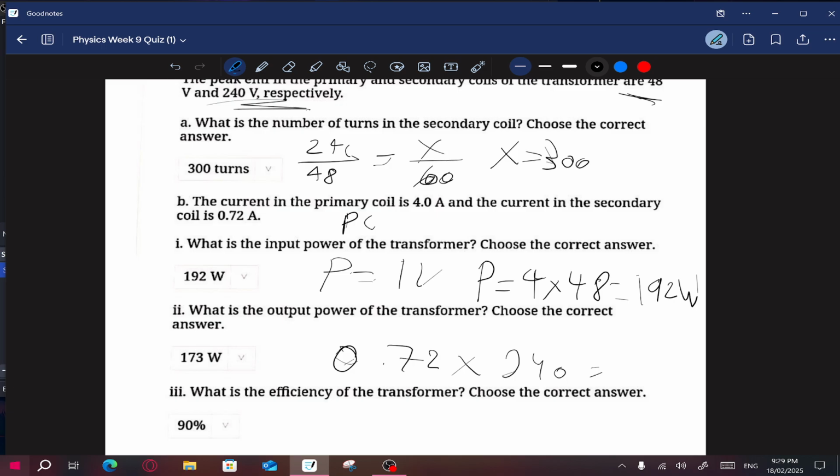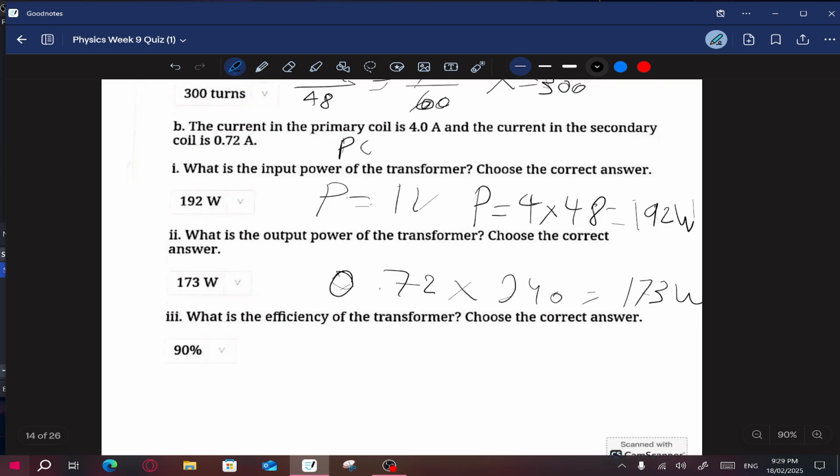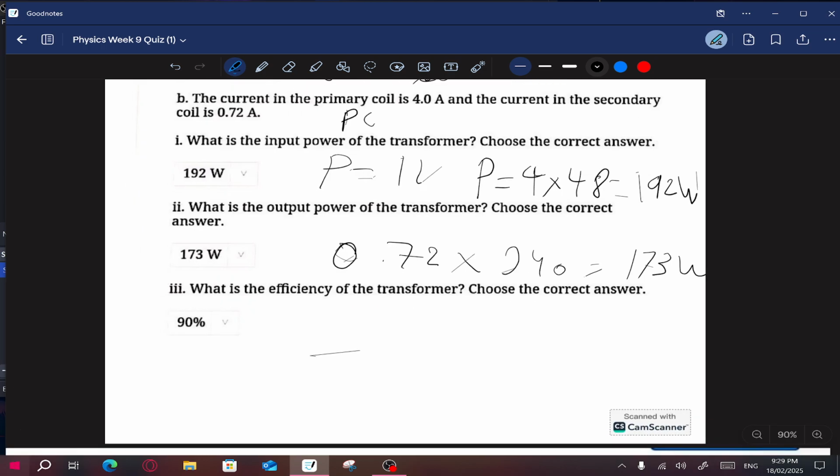So then 17.82 over 19.8 times 100 equals 90%.